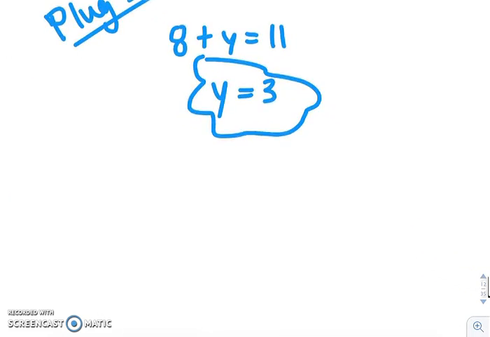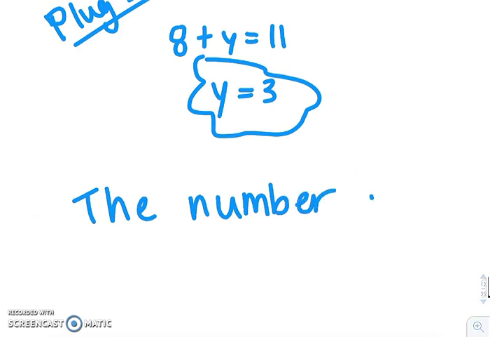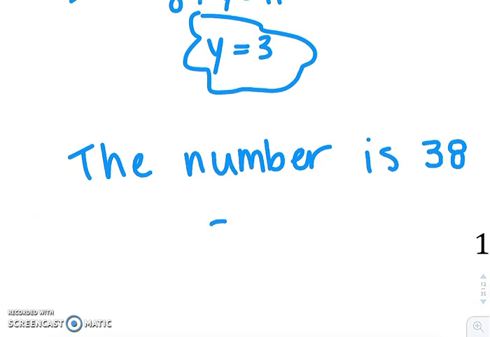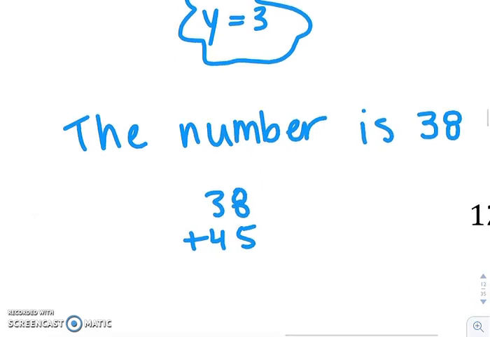So I'm going to say our number is 38, but let's check that it makes sense. 38 plus 45 when you add them gives the digits reversed, 83.